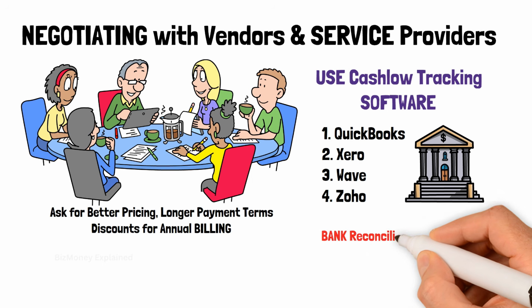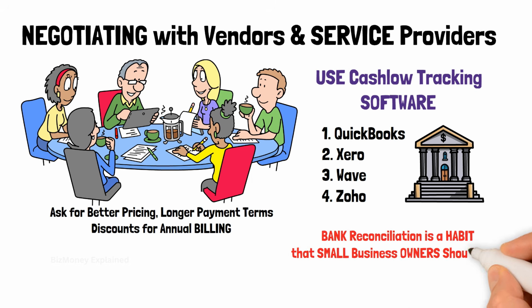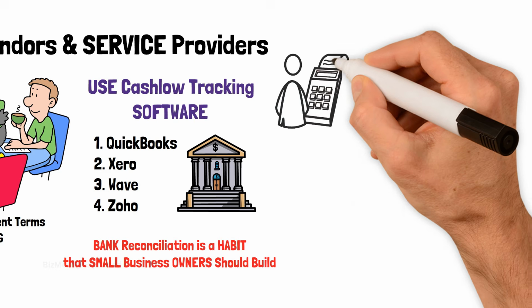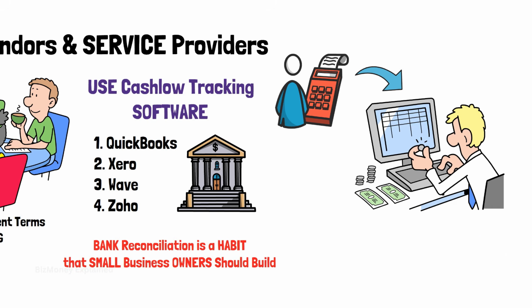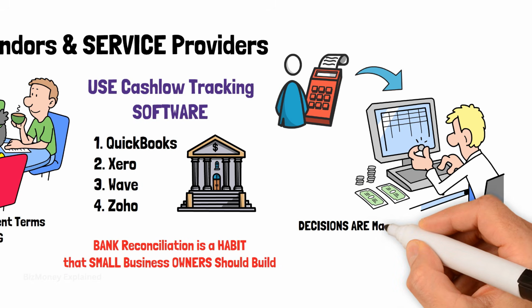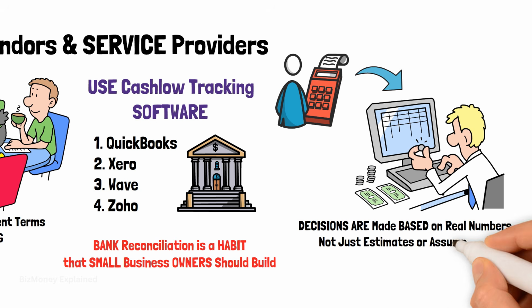Finally, bank reconciliation is a habit that small business owners should build. Reconciling means matching your books to your bank statements, so you can catch errors, duplicates, fees, or unexpected charges. Good reconciliation ensures that decisions are made based on real numbers, not just estimates or assumptions.